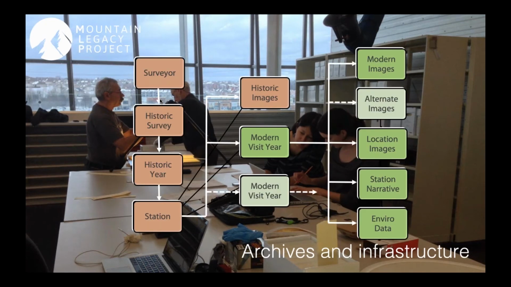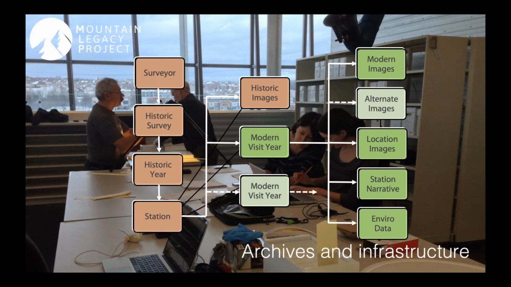So we digitize those photographs and we go out into the field and retake those photographs. And we make all of that available to anyone who wants to use them through our various web portals.